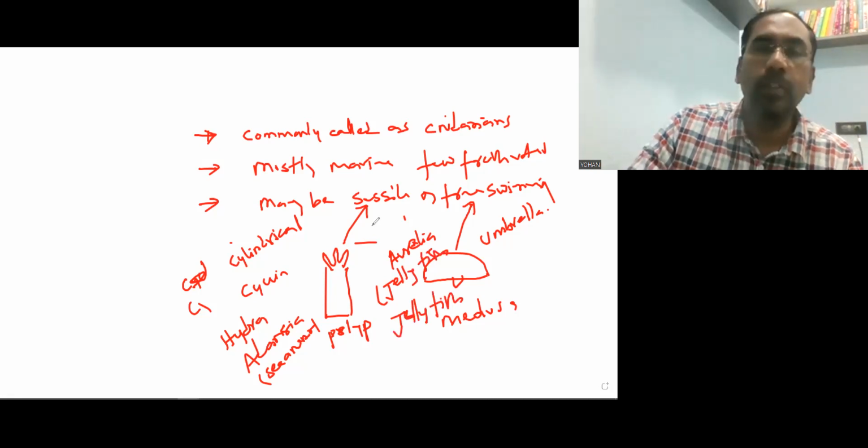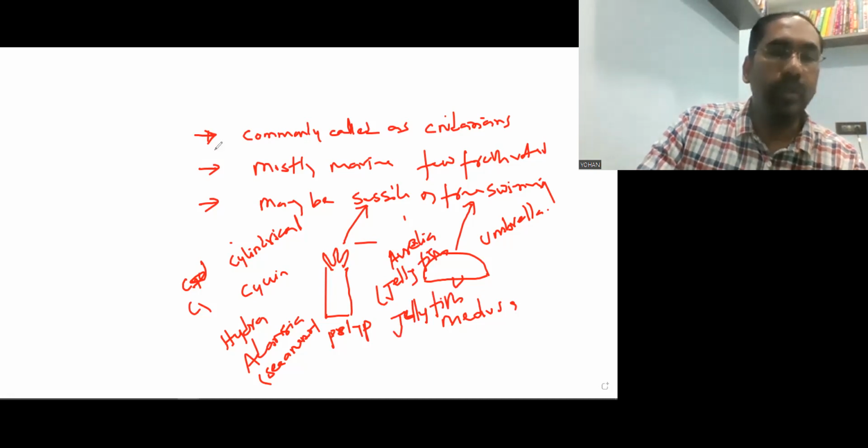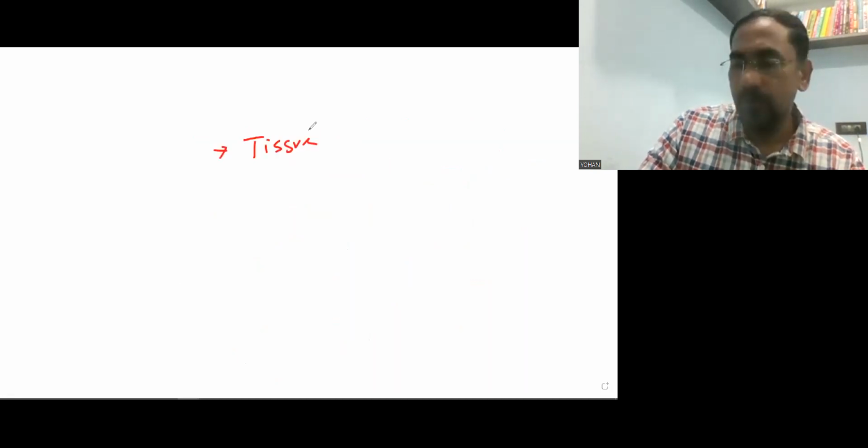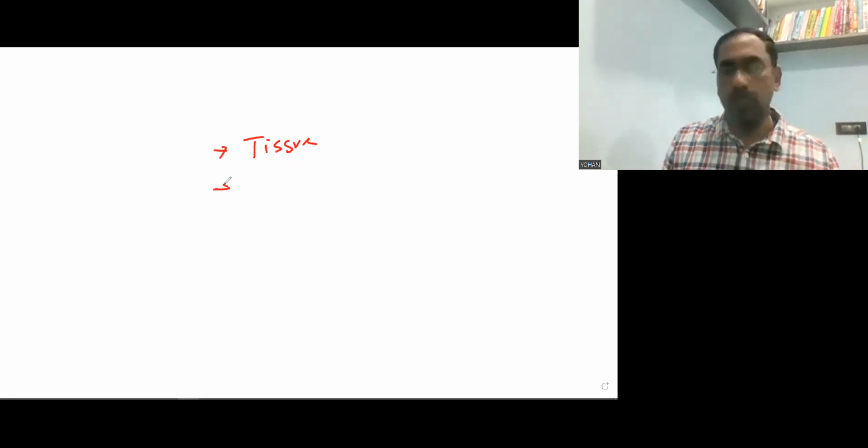Next, after this, levels of organization, tissue grade of organization. Number two, diploblastic. What is meant by diploblastic?